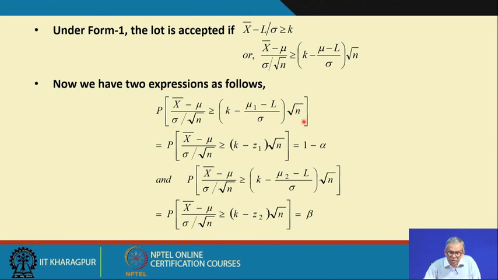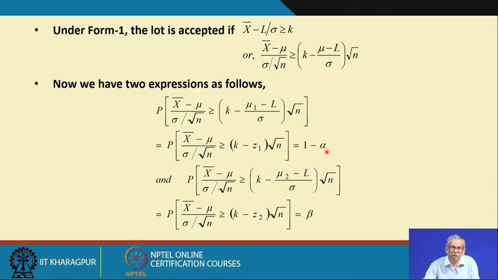So here (mu1 minus L) by sigma we have already computed, that is Z1, the standard normal deviate. Ultimately this becomes the probability that (x bar minus mu) by (sigma upon root n) is greater than or equal to k minus Z1 into root n. This must be 1 minus alpha, that is the probability of acceptance.